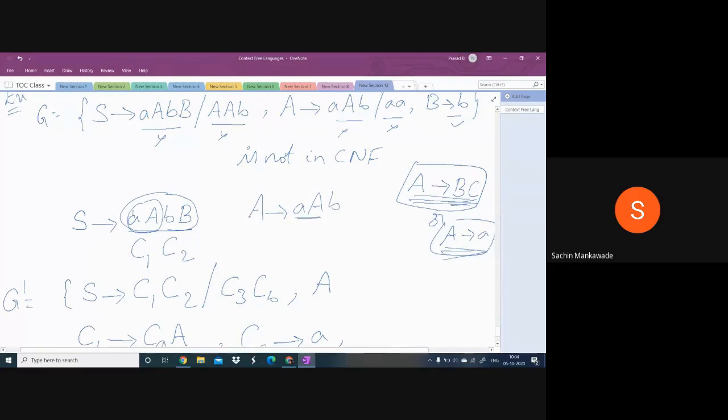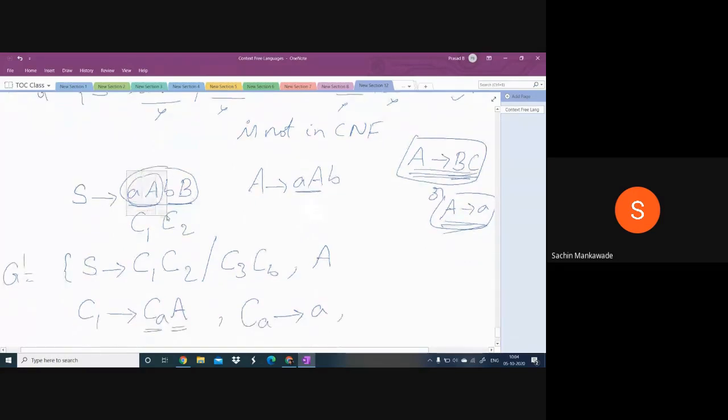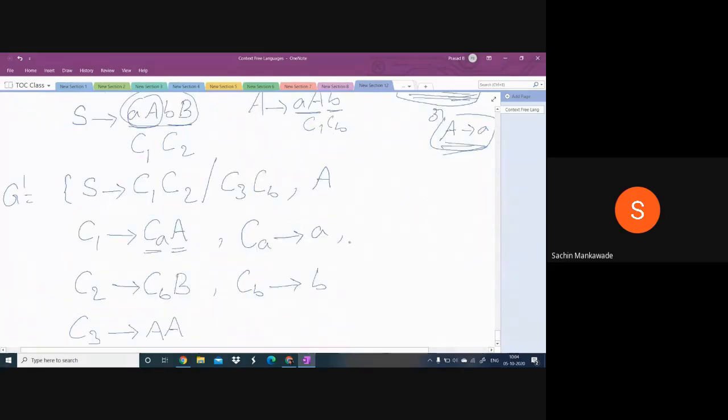You see, this is C1. So in AA place I write C1 and this is CB. That's very simple. So A derives C1 and CB. These two are non-terminals.